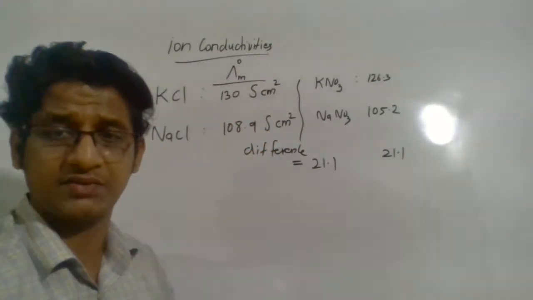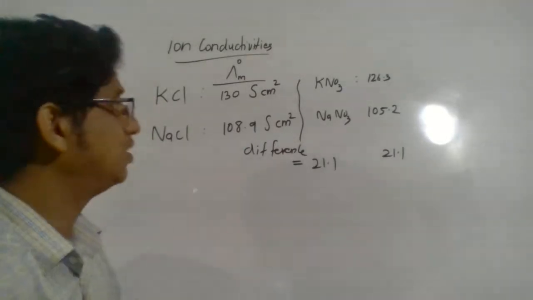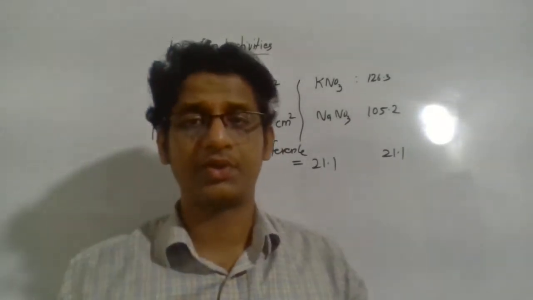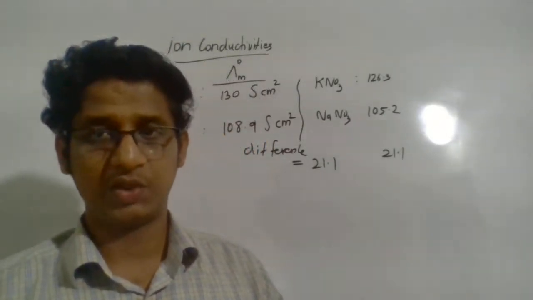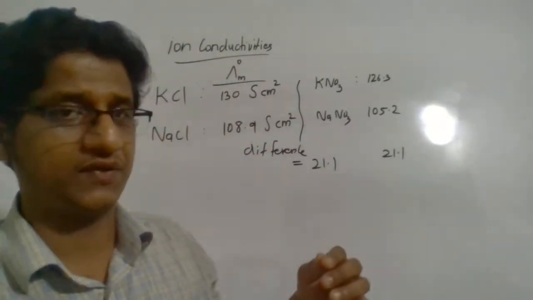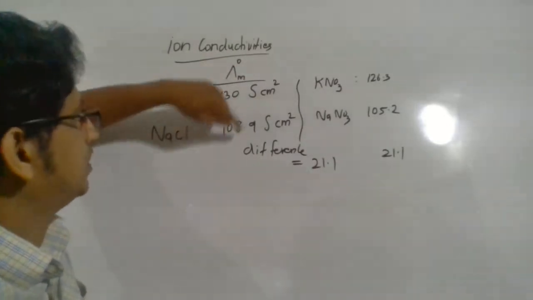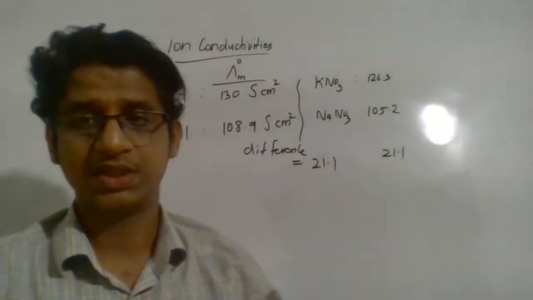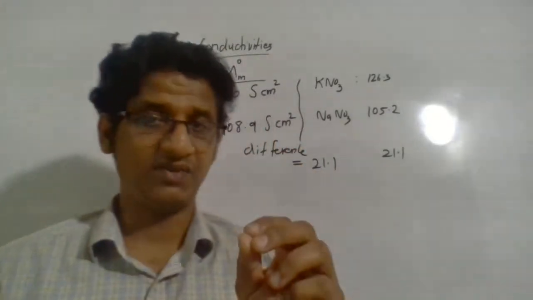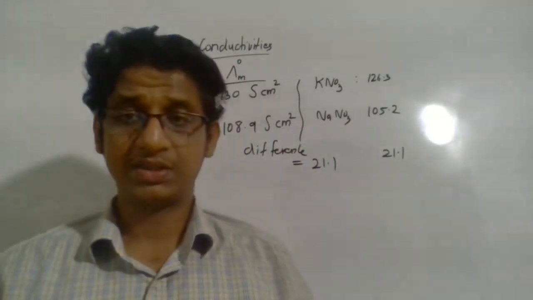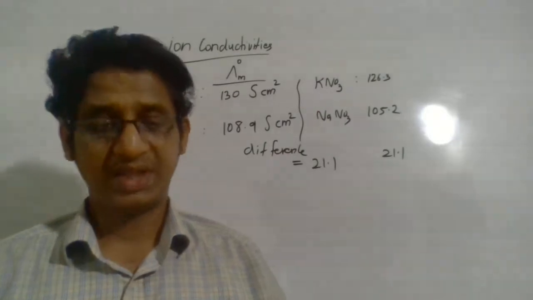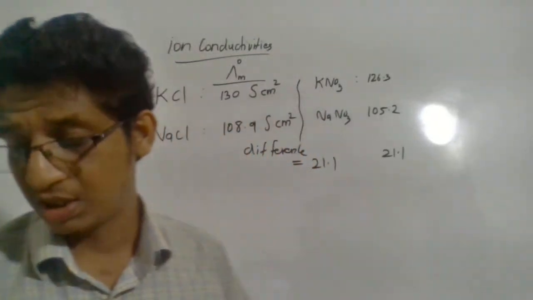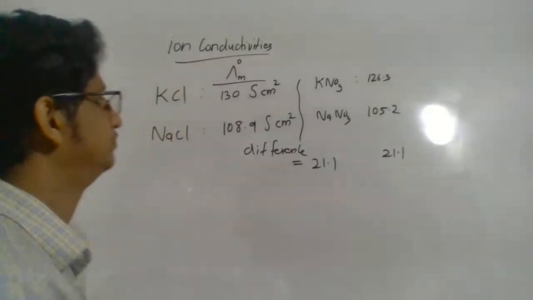You saw both cation and anion independently contributing to the molar conductivity value. So the difference between these two and these two, even though they are different electrolytes, has the same value, that is 21.1. That's how a famous law arose, which we call Kohlrausch's law.